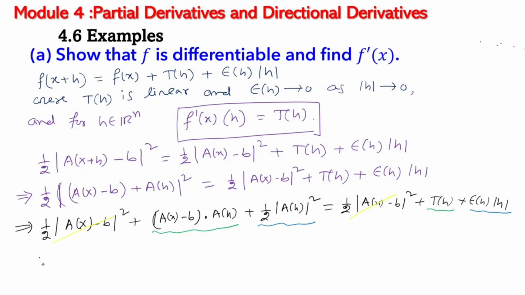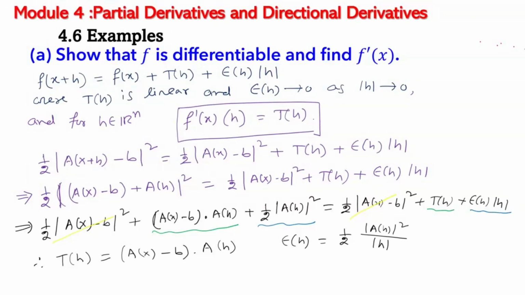Therefore we get th is equal to Ax minus b dot Ah, and epsilon h is equal to half Ah whole square over absolute value of h.